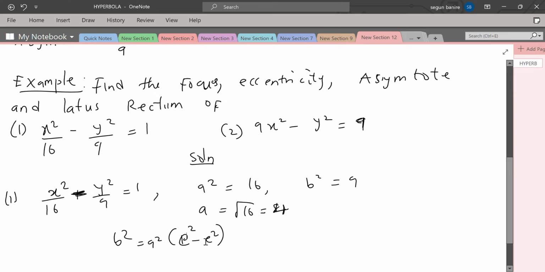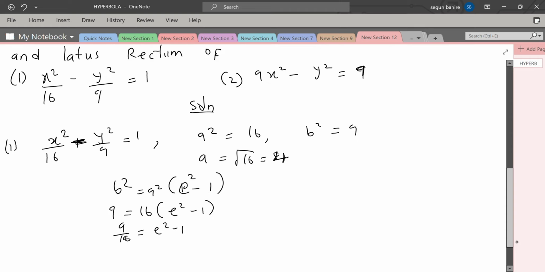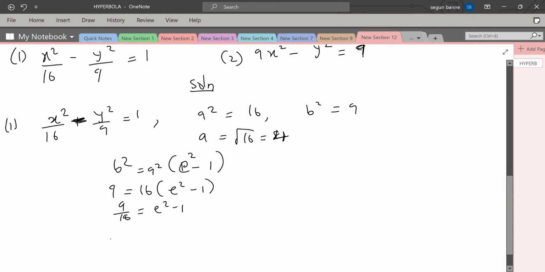Shouldn't forget, this is a hyperbola, so it is e squared minus 1. So the b squared is 9, the a squared is 16, your e squared is what we are looking for, minus 1. So if you divide by 16, you get e squared minus 1, and so 9 over 16 plus 1 is equal to e squared.